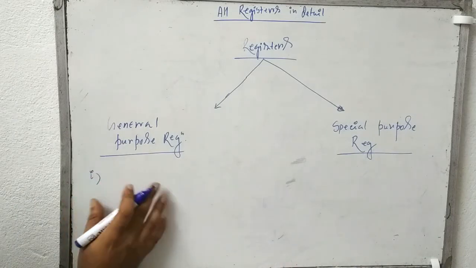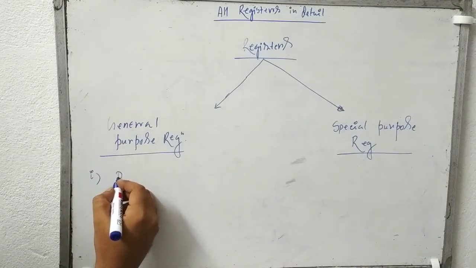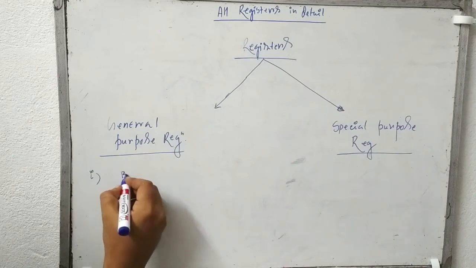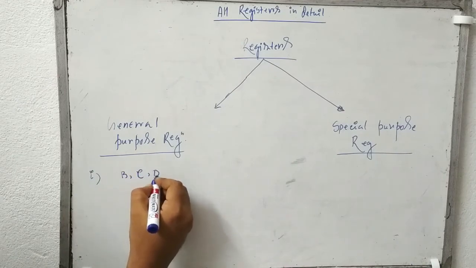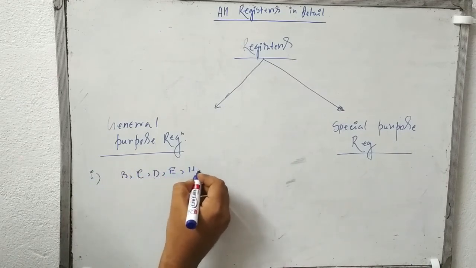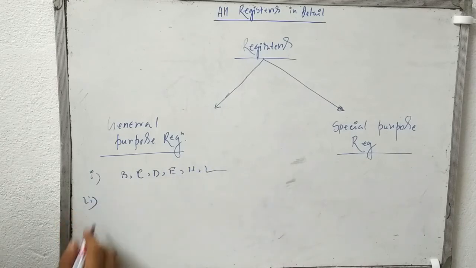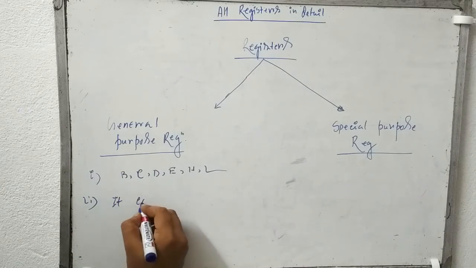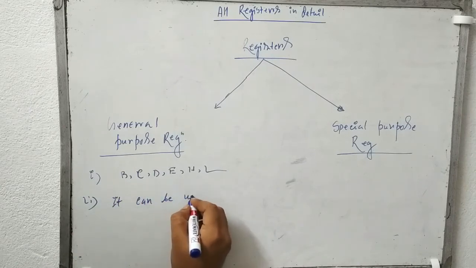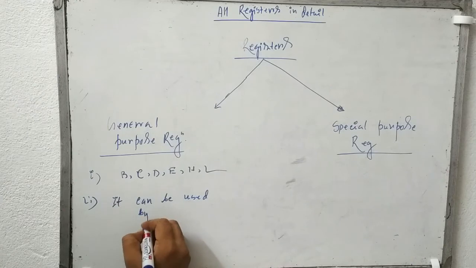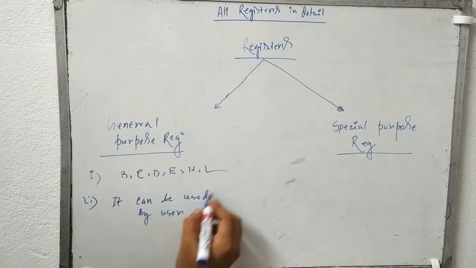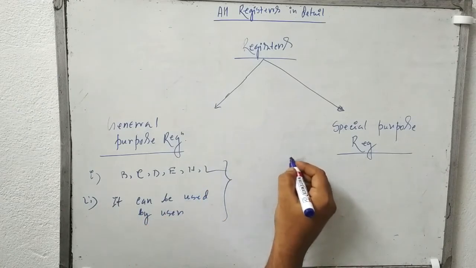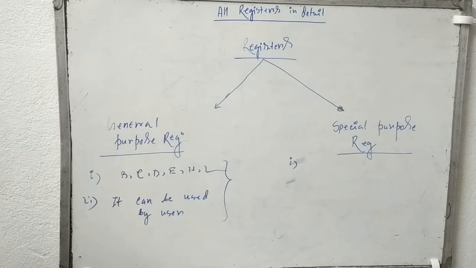So what are general purpose registers? B, C, D, E, H, L, all are general purpose registers. They can be used by the user. Okay, and what are special purpose registers?